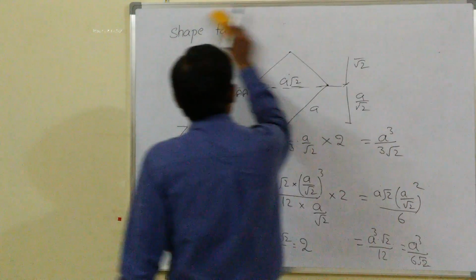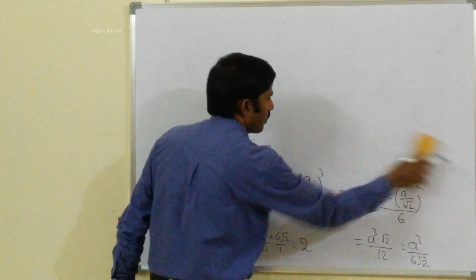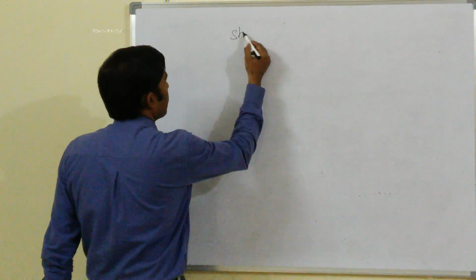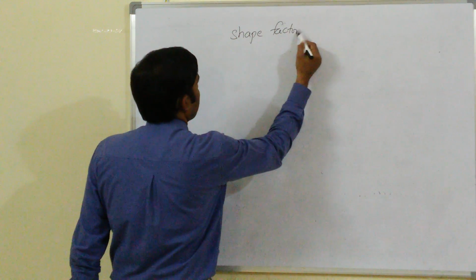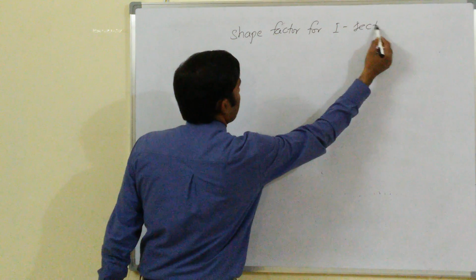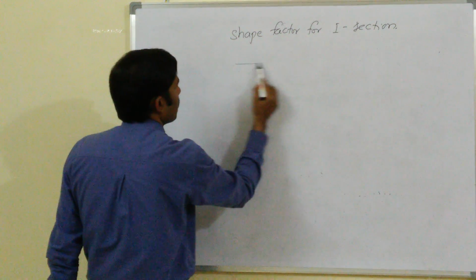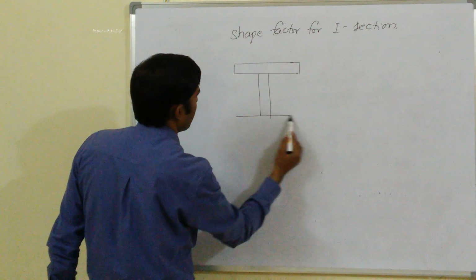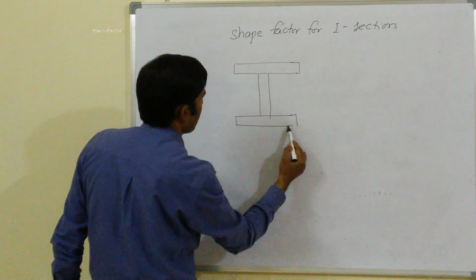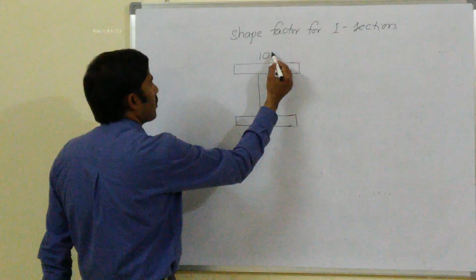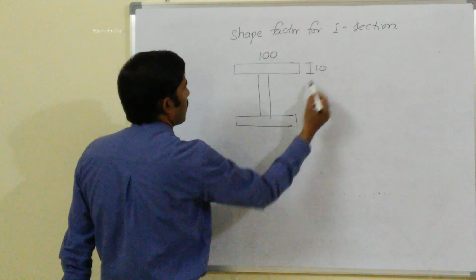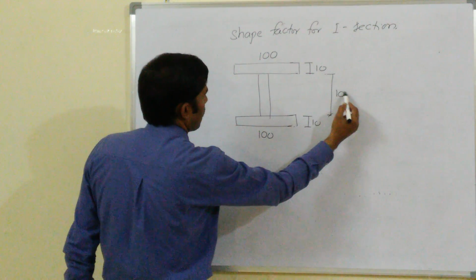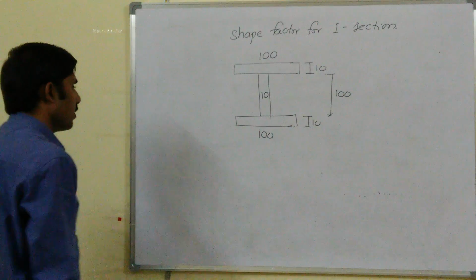Now we will see the shape factor for the I section. So for this I section, what is ZP?